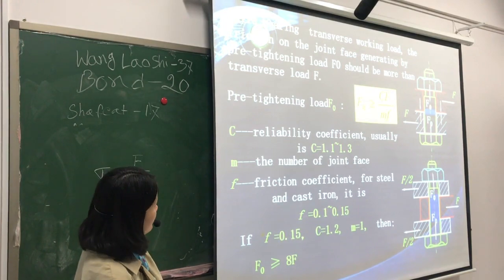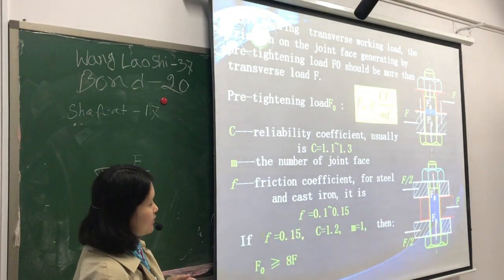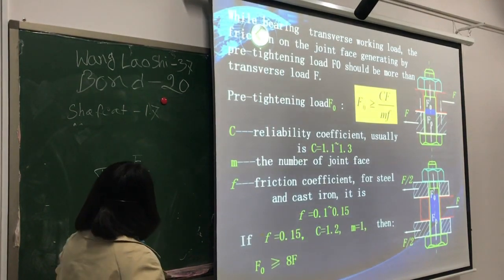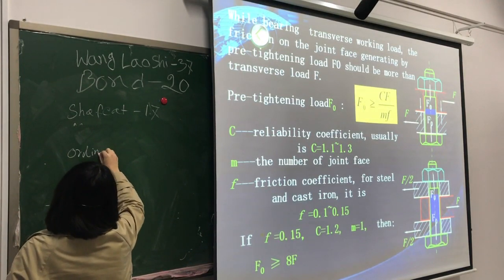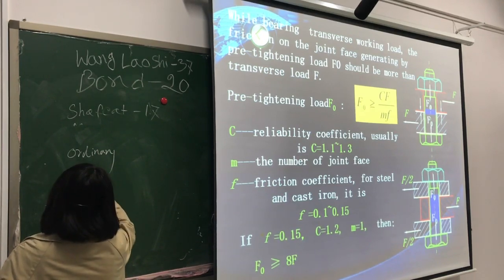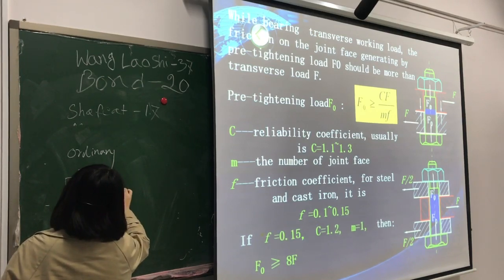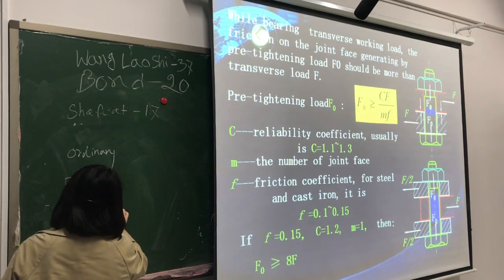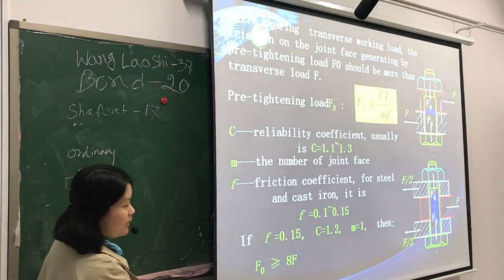But for the ordinary bolt like this, we already have clearance. We usually use the friction to prevent the transverse load.